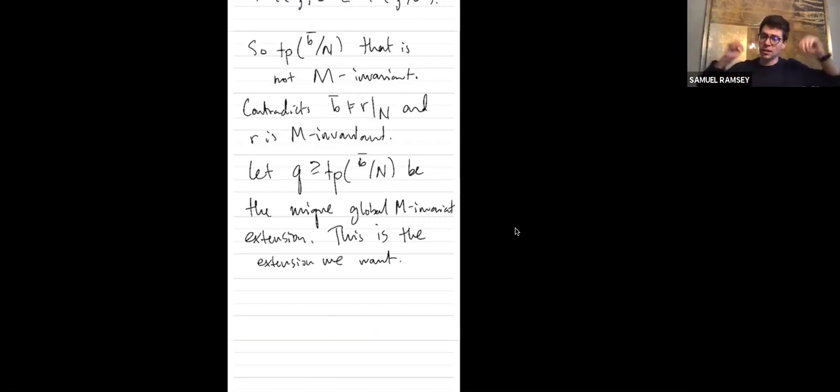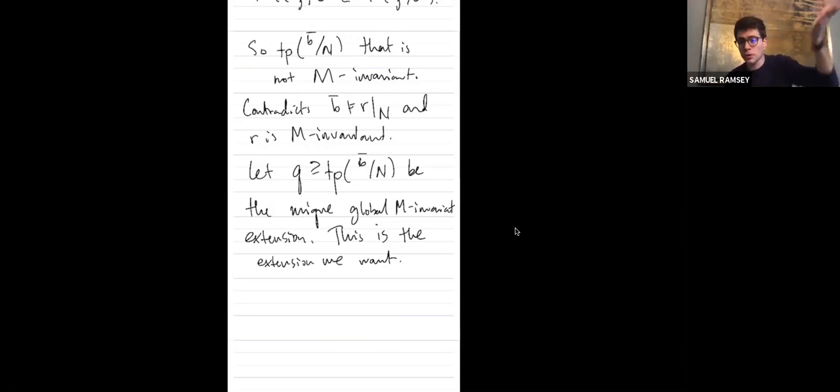If you extend a type to an M plus saturated model, then there's a unique way of extending it to the monster model. Why? Well, because in order to know whether or not I put phi(x, c) into my type, I just need to know whether or not I put things with the same type as c into my type as parameters in phi.